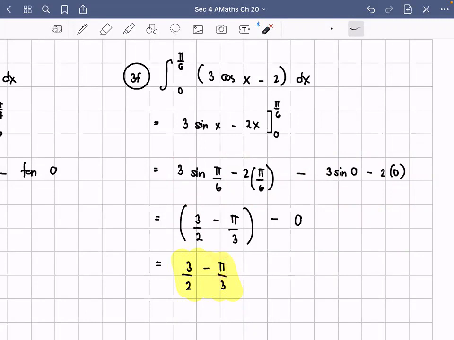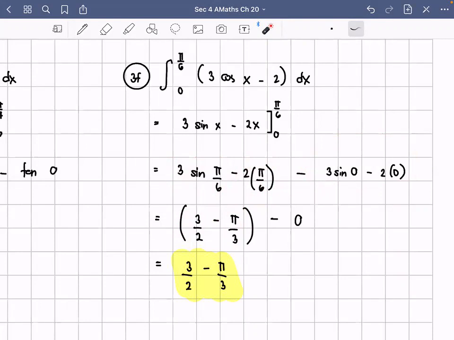That's why you have pi here. So this one gives you 3 over 2. Simplifying this, you'll get pi over 3. And then this one here, basically, this is a 0. So therefore, your final answer is just this: 3 over 2 minus pi over 3. Okay, so that's for 3.